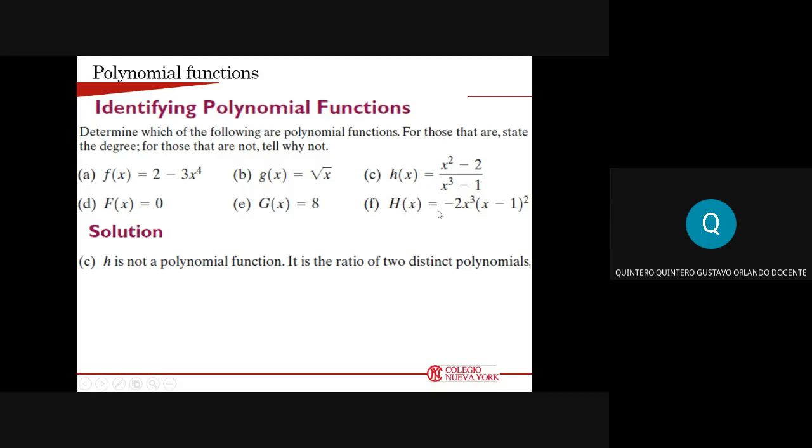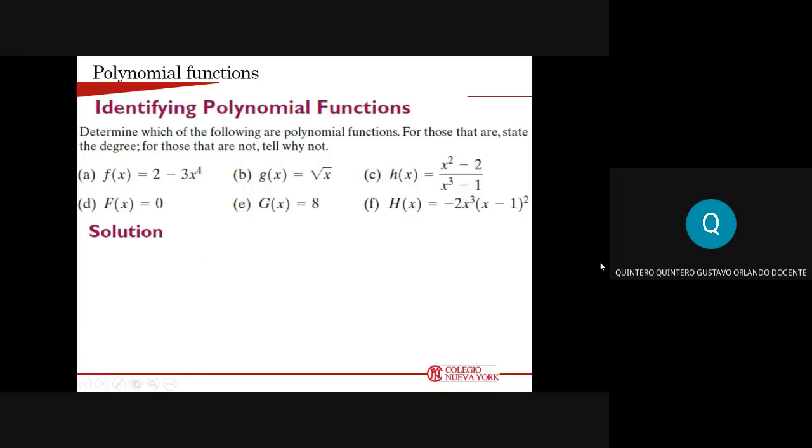So here we don't have a polynomial, because we need every single piece separated by additions or subtractions. This is in fact the ratio of two polynomials. We have one over the other. Remember, fractions are ratios, right? So this is a rational function. This is also a radical function because of the root. All right, let's continue with the next one.